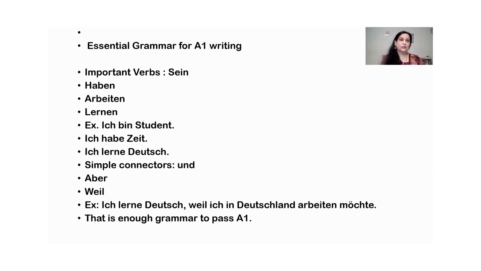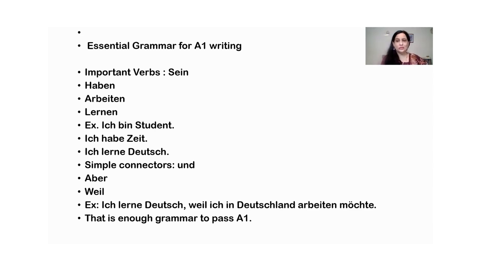Arbeiten is to work. Lernen is to learn. So these are very basic and simple verbs, and their forms will definitely come in your Goethe A1 writing. For the full Goethe exam, but now we are talking about writing, so we'll just focus on writing here.